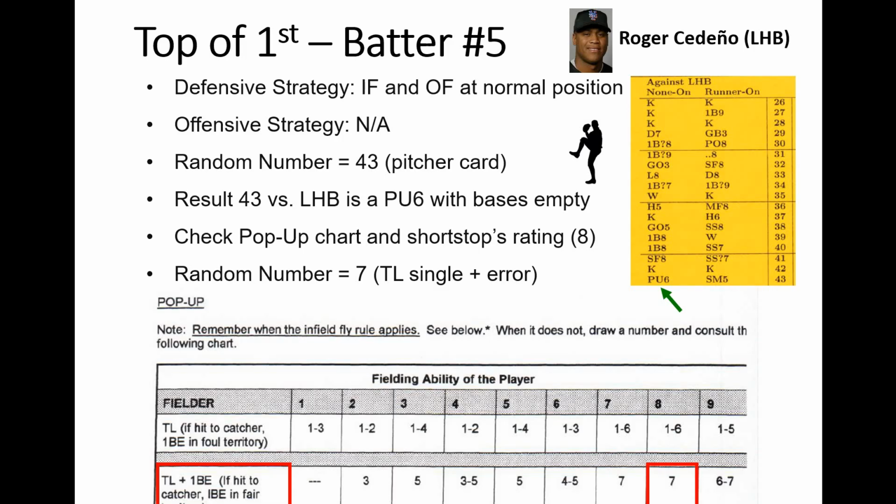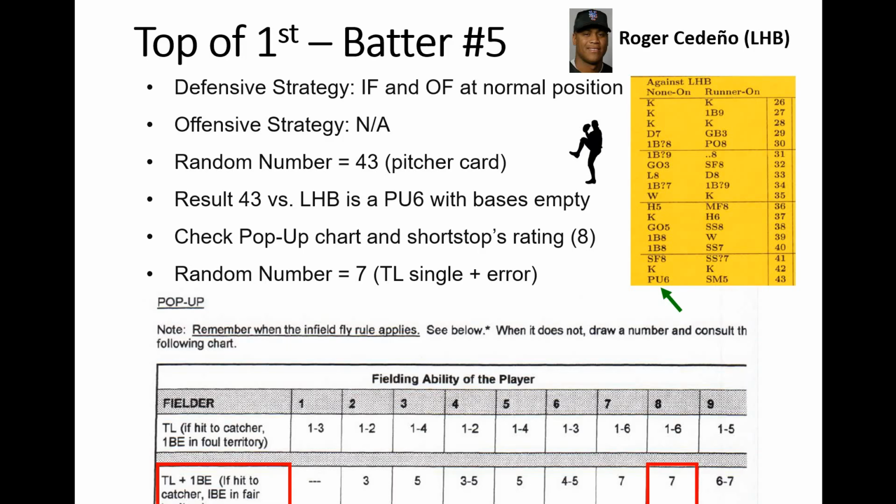Now, a PU result differs from a PO result, which is a pop out. This is a pop up. And so we have to check the pop up chart, which is again in the instructions. I've got a screenshot of it down below.